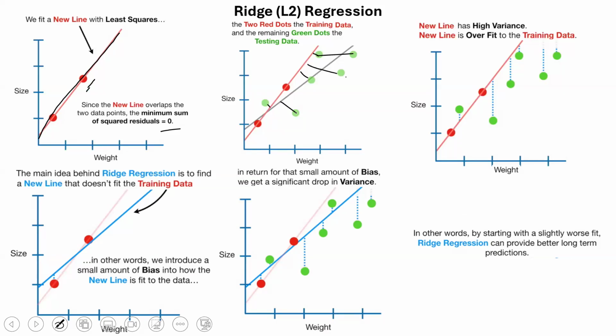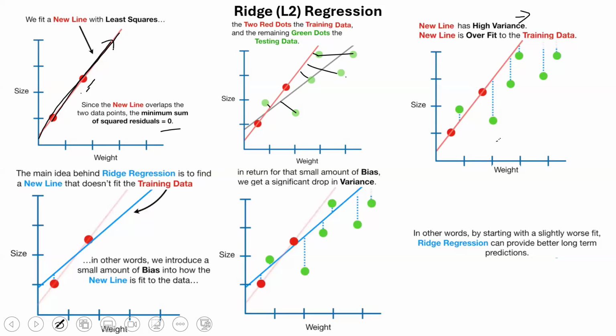The new line has high variance. You know what bias and variance are; we discussed all that. So for this new line, the variance is high. That means the new line is overfit to the training data. It is working well on the training data, but not on the test data.